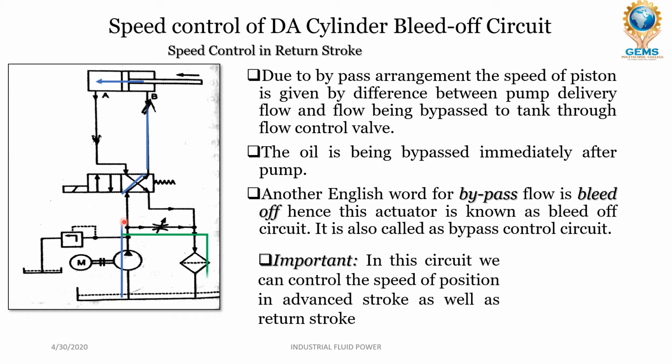In return stroke also, the oil flow from the pump goes to move the piston from left to right, and at the same time when the oil is flowing out of the pump, some flow is diverted to the reservoir tank. In this diversion itself, there is a flow control valve with which we can control how much oil we have to send to the piston.